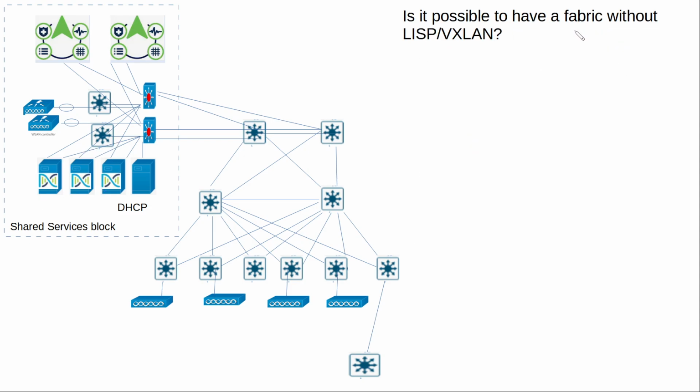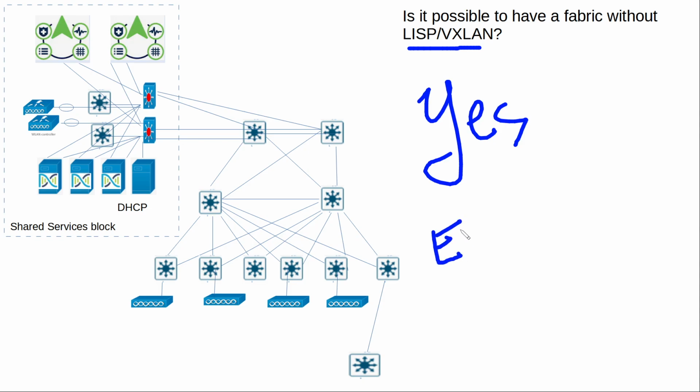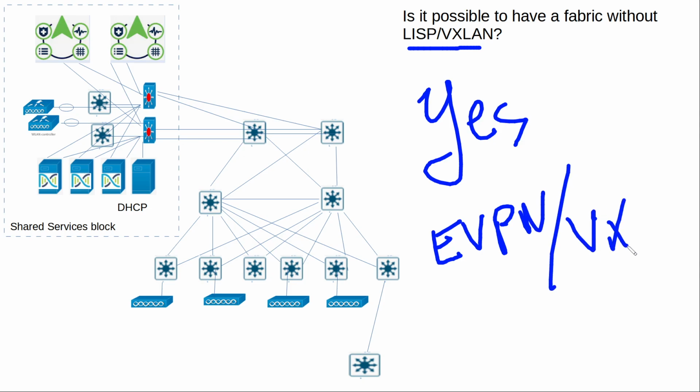Is it possible to have a fabric without LISP and VXLAN technologies? Yes, several network administrators are currently migrating their traditional networks into something that is known as EVPN with VXLAN.